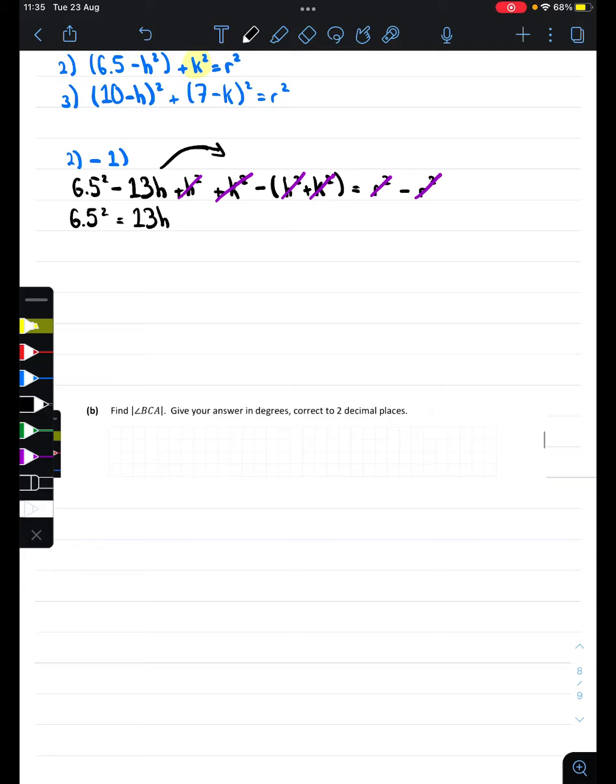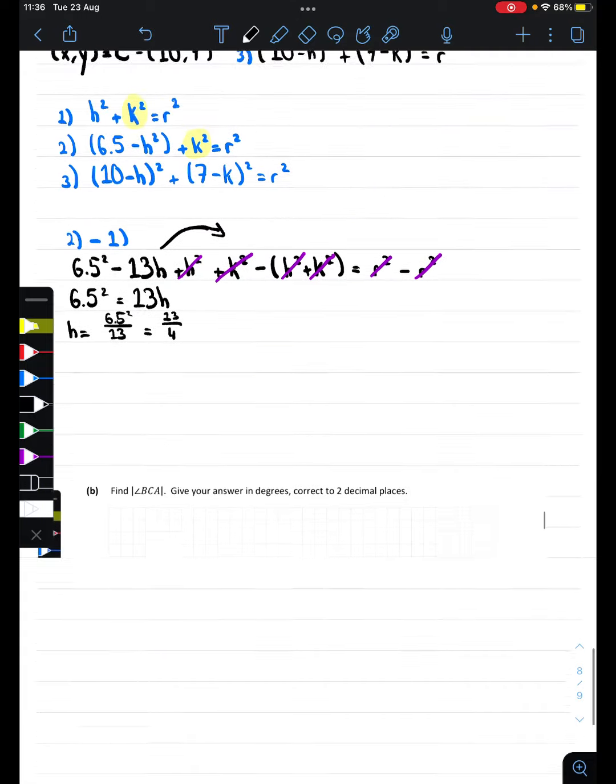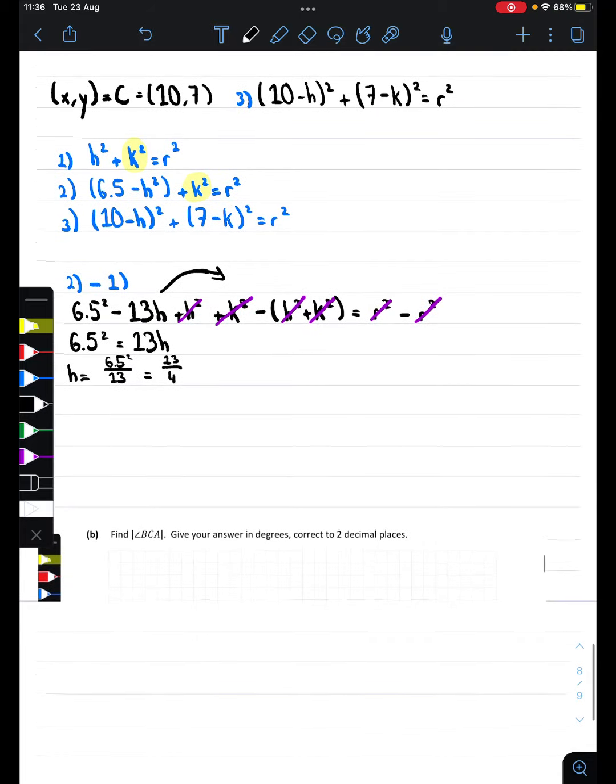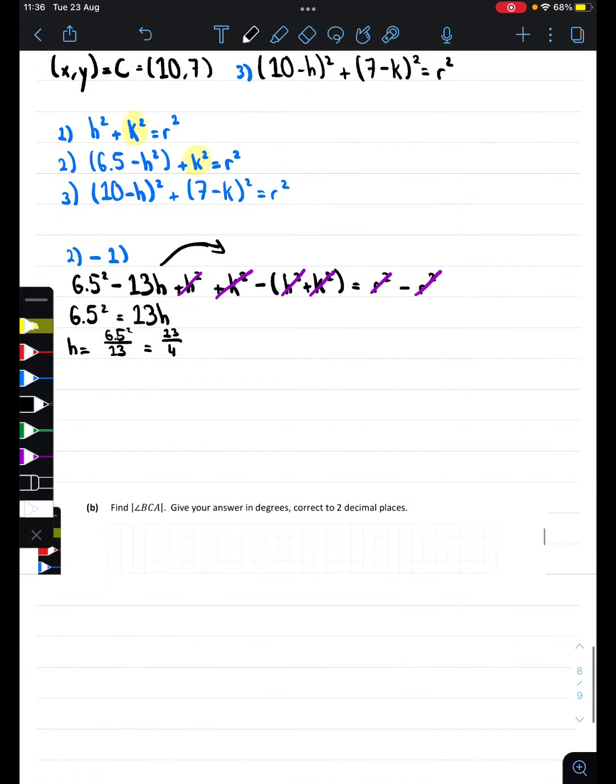We just divide by 13 and we get h equals 6.5 squared over 13, which will be 6.5 over 2, or 13 over 4. So h is 13 over 4. So we've already solved for h. Okay, and now we need to use our other equations.